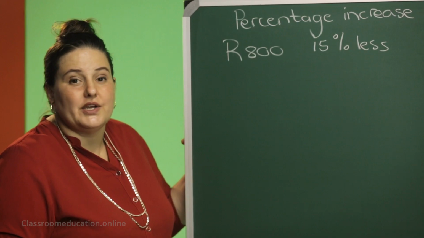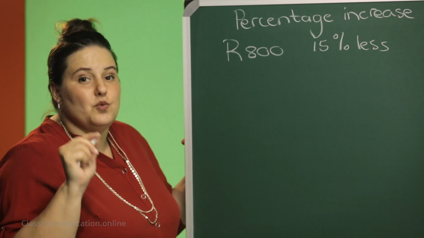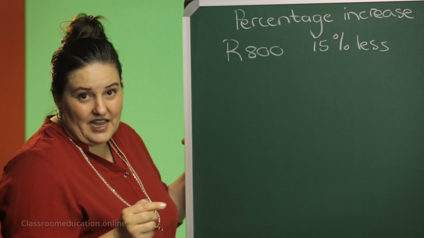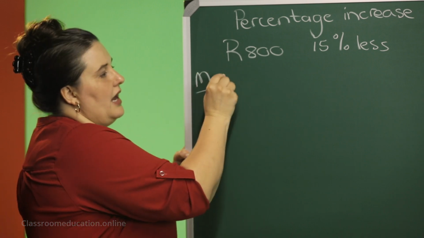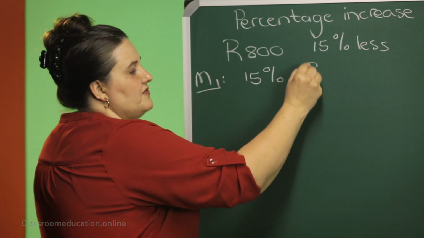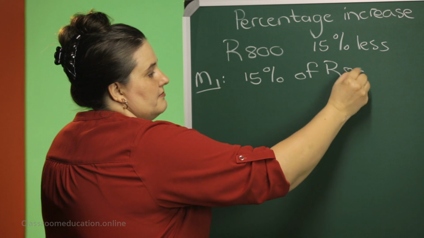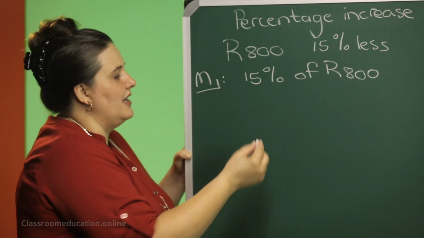We are going to work it out with two methods. First method, let's work out what is the discount, the decrease. Method 1. What is 15% of 800 Rand? Change the percentage to out of 100.